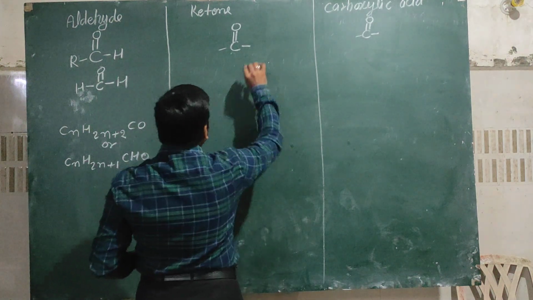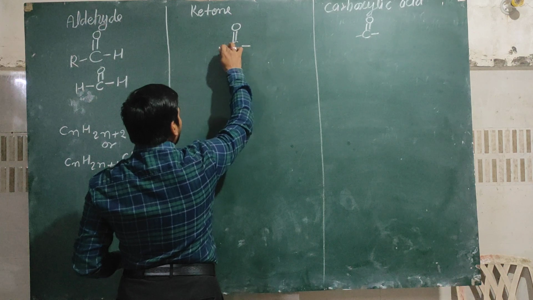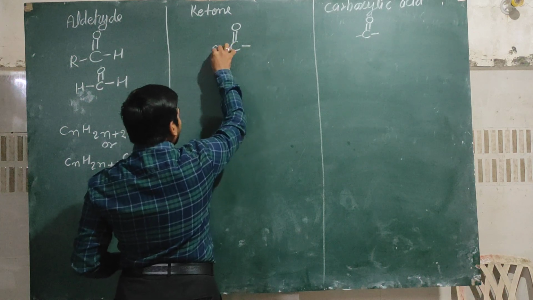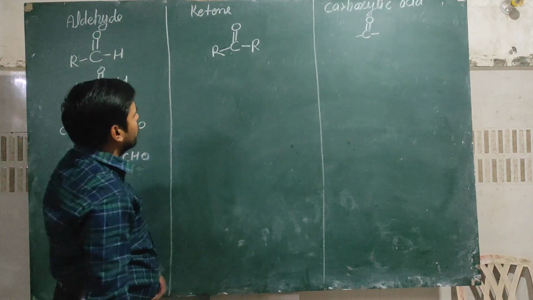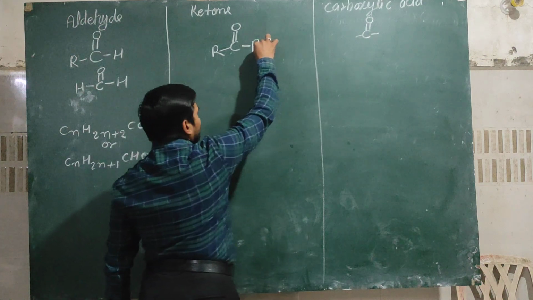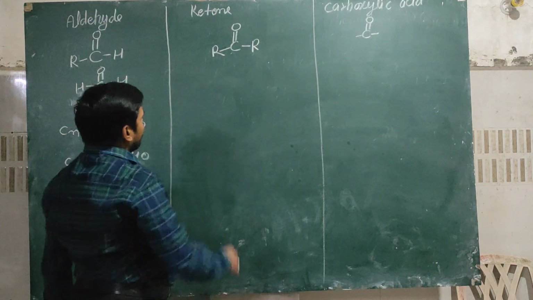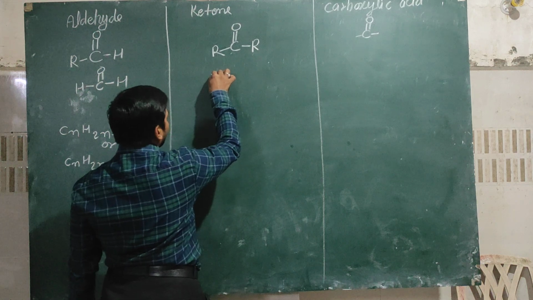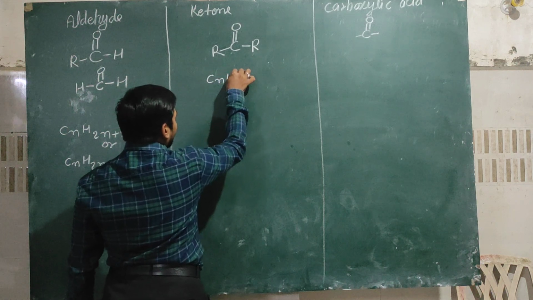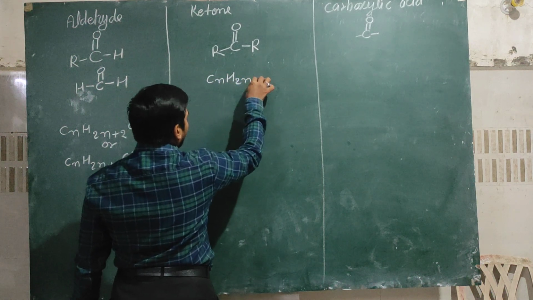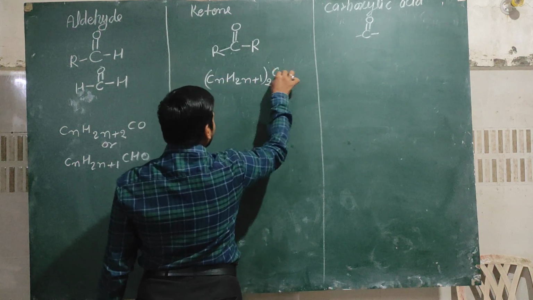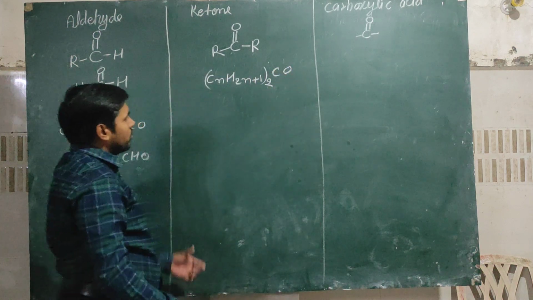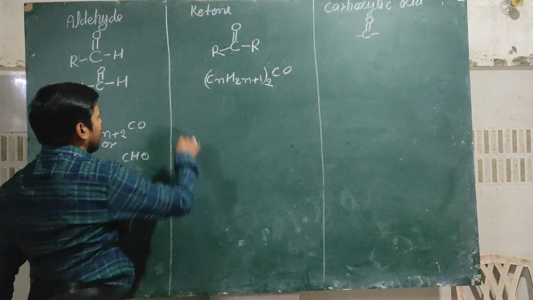In case of ketone, when carbonyl group is present in between two alkyl group, then it is known as ketones. Okay, the general formula of ketones is (CnH2n+1) twice CO. This is the general formula of ketone.